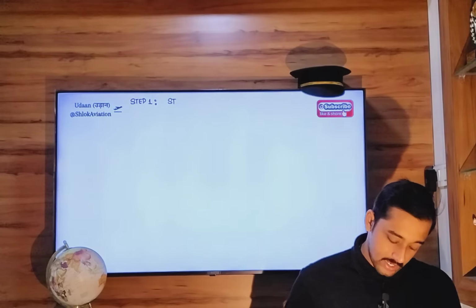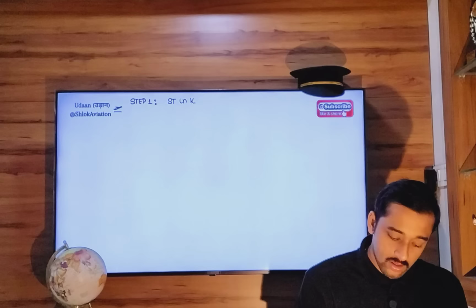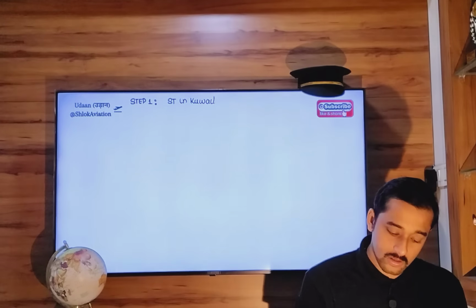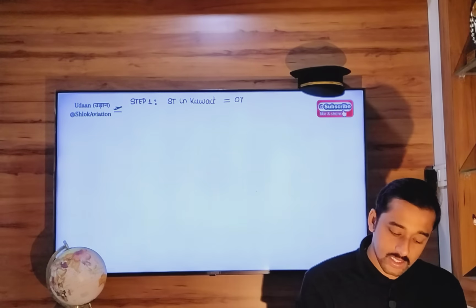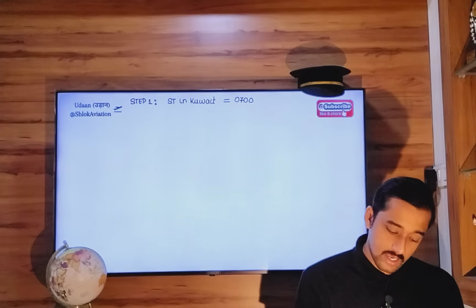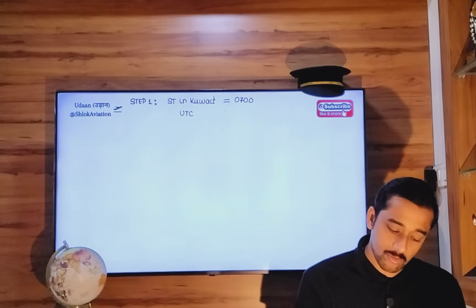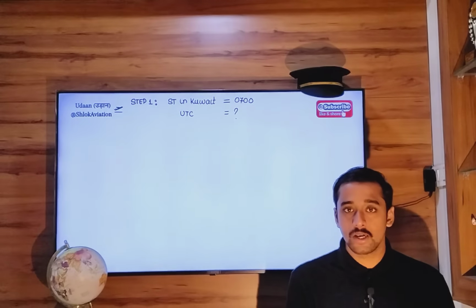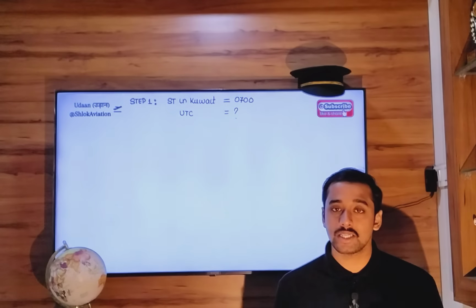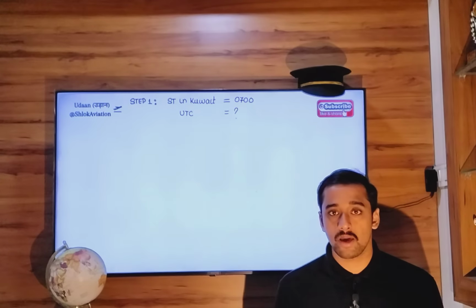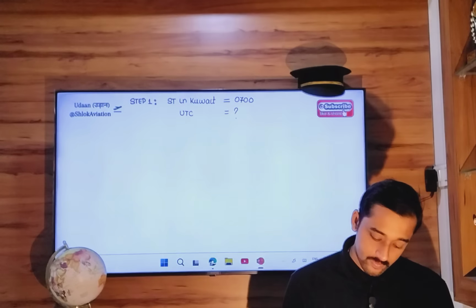So standard time in Kuwait is equal to 0700. So what will the corresponding UTC time be? Now Kuwait is a place in the Middle East, and all Middle East countries are to the east of the prime meridian, right?